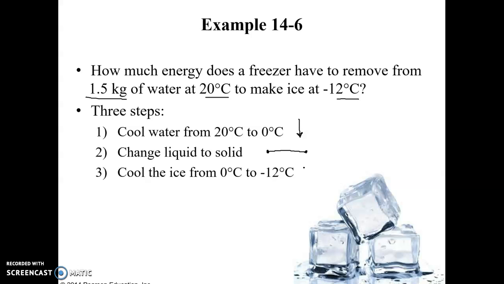And then once it's completely frozen, we need to cool it down to a temperature of negative 12 degrees. Okay, so if we were to graph this similar to the graph on the previous slide, it's going to look something like this, where we cool down the water, then we freeze the water, and then we cool down the ice.